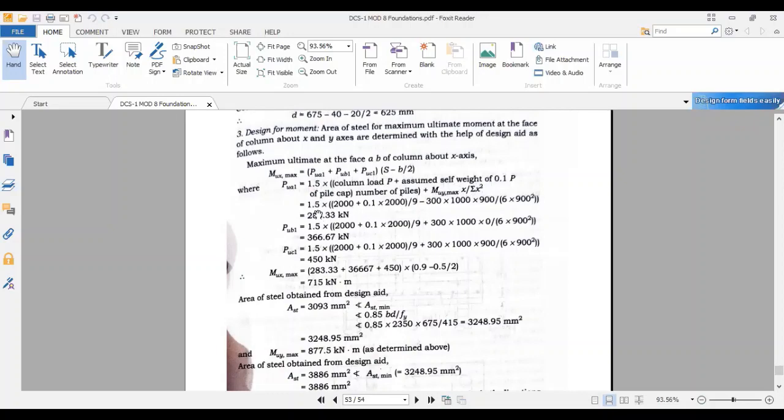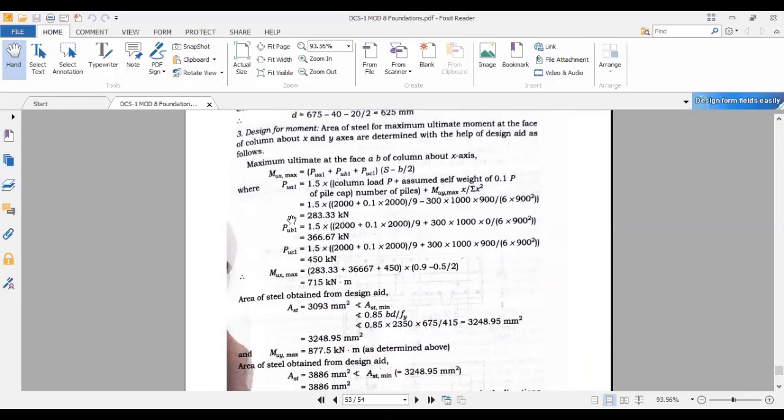So it is given by 1.5 multiplied by column load, which is 2000, plus 0.1 times of column load, that is 2000, divided by number of piles, which is 9, minus MUY max, which is 300 into 1000 into X, which is 900, upon 6 into 900 square. This is same as MUY max Y upon summation of Y square.